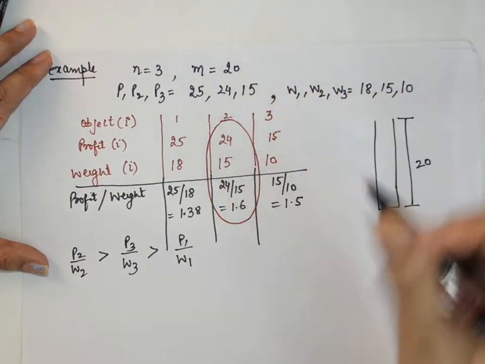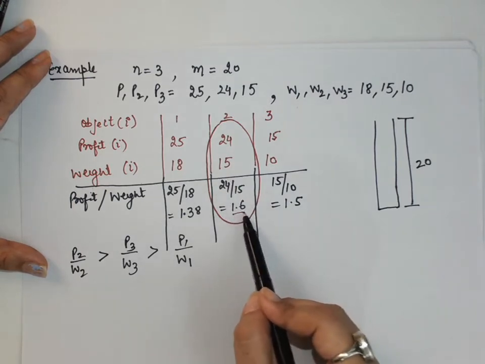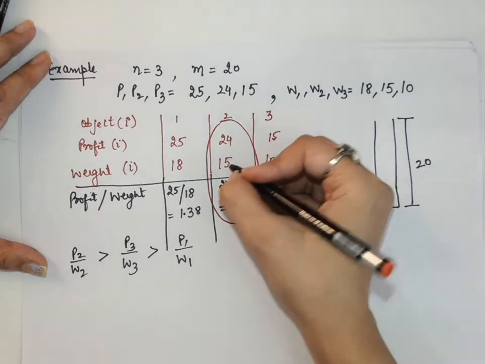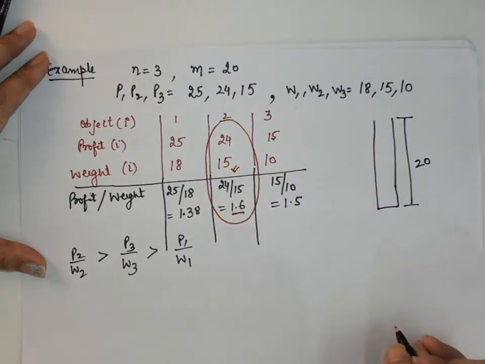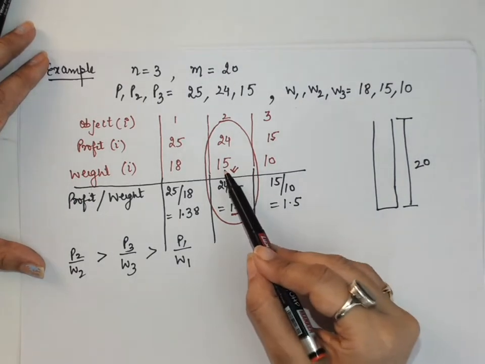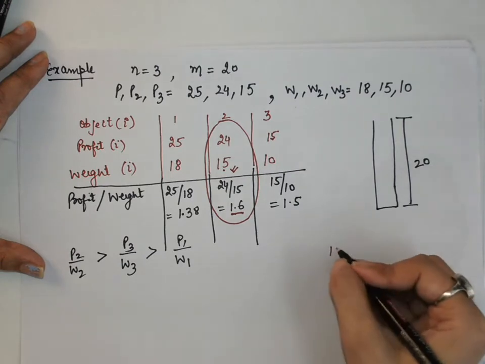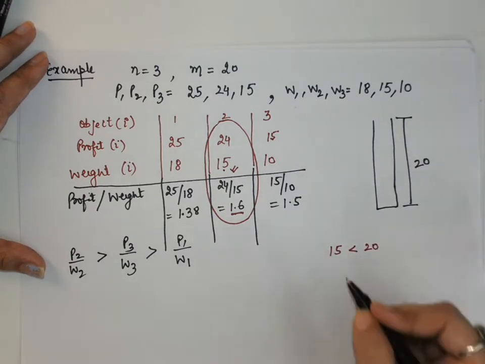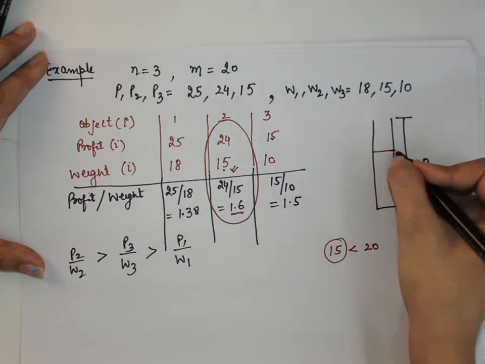So in our scenario, item number 2 has maximum profit by weight value, and what is the weight of item number 2? That is equal to 15. So I have to check this 15 should be less than your knapsack capacity. So 15 is less than your knapsack capacity, so I can accommodate this full item into my knapsack.